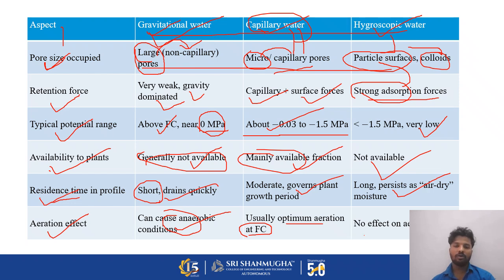Hygroscopic water does not affect aeration because it does not participate or is not present in the void spaces, so it doesn't affect the airflow of the soil. We can move to the next slide.